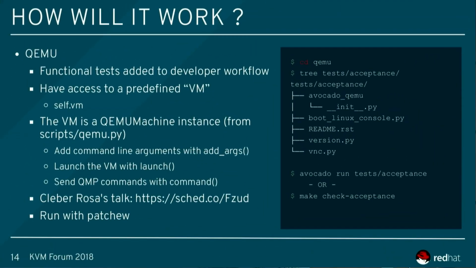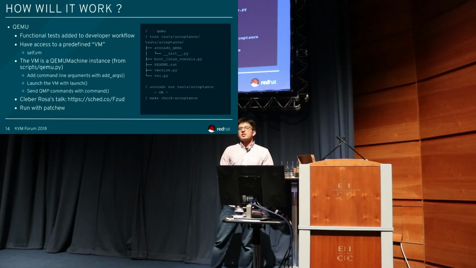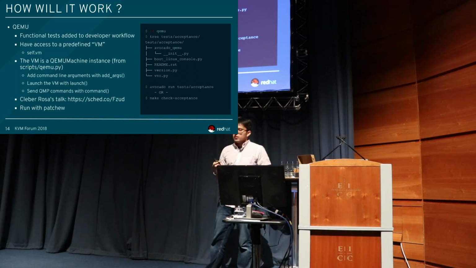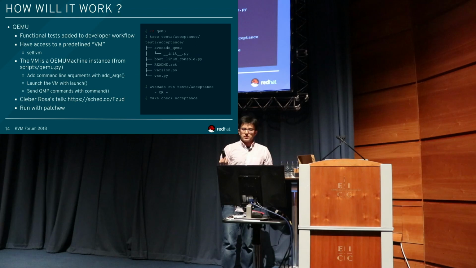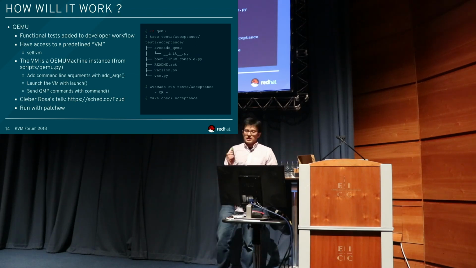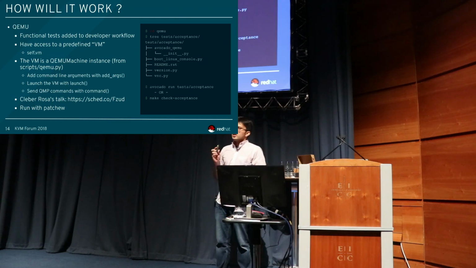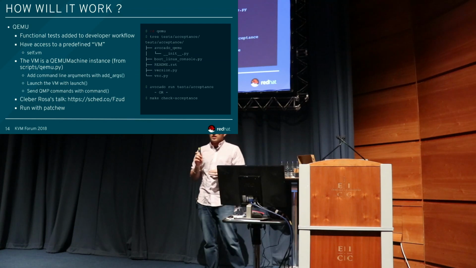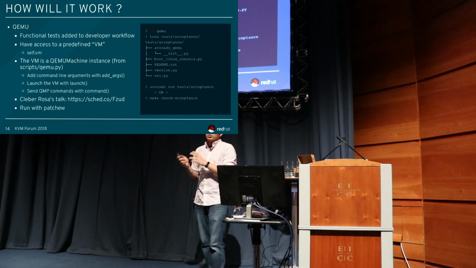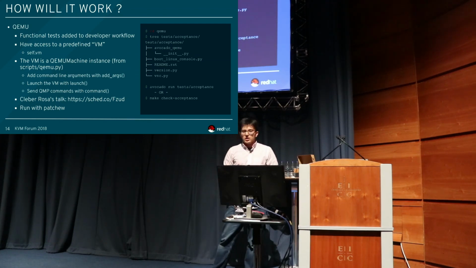For QEMU, there is already an effort underway to add functional tests as part of the developer workflow. If you were present in the room before my talk, you must have heard Kleber speak about this. If you haven't, I highly recommend his talk on the current state of functional testing for QEMU using Avocado.